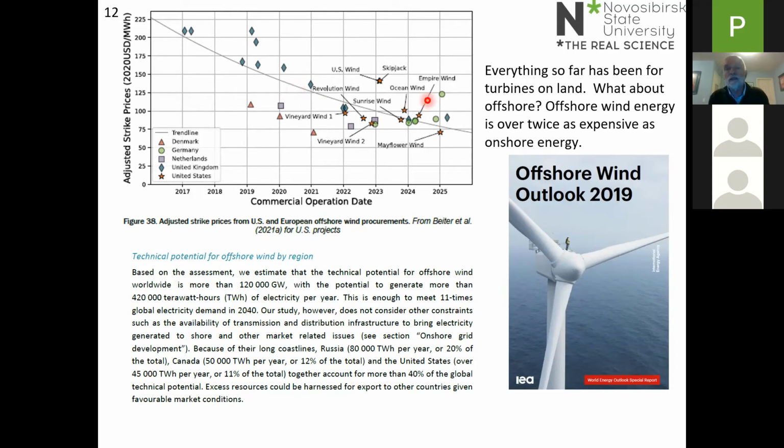And the interesting thing about offshore wind turbines is that when you build a wind project offshore, the cost of installation of the turbines rises dramatically. It costs a lot more to install a turbine in the water than it does on land.